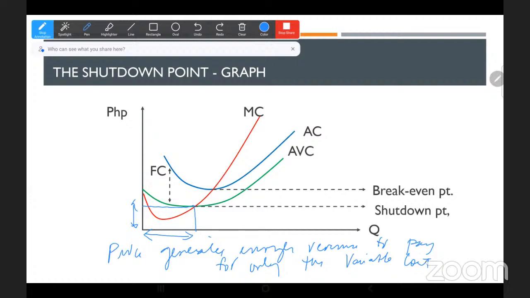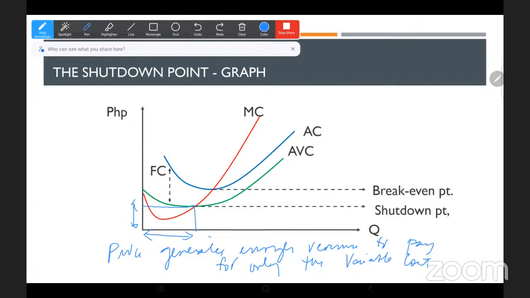All right. So any price lower than the shutdown price will generate a loss that's bigger than the fixed cost. So ibig sabihin hindi na niya kaya, it's just enough to pay for just the fixed cost. So mula fixed, as long as the price is enough to cover for the fixed cost, zero, okay pa yon.